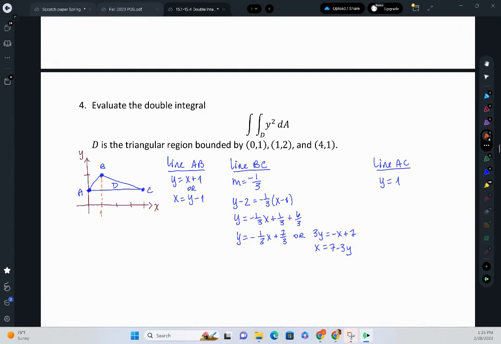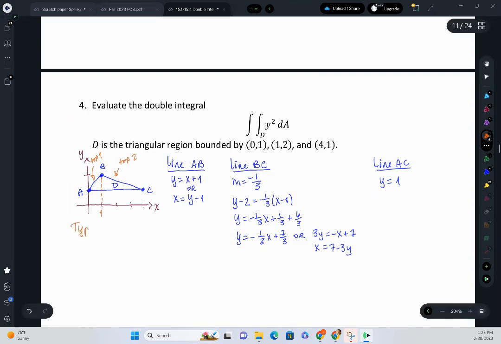The reason that's happening is there are two tops, right? This is top 1 and this is top 2. I don't want to deal with that. I would rather deal with one left and one right than have two tops, because that's going to mean I have two integrals.